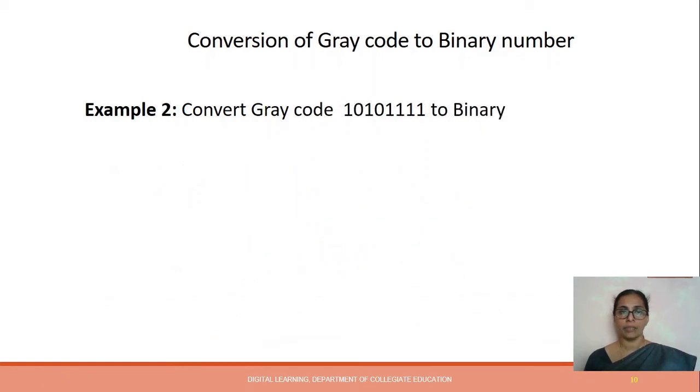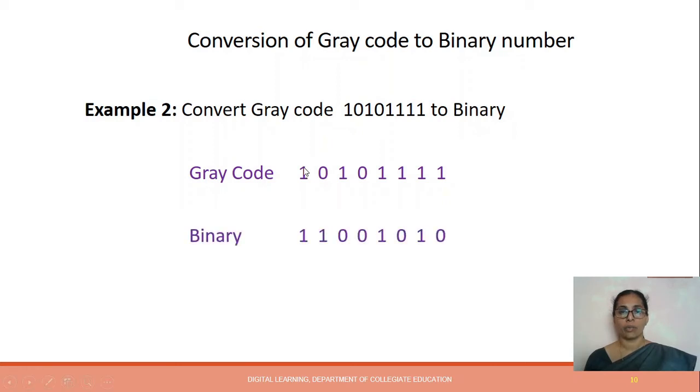Another example, convert the given gray code 10101111 to binary. The given code is this one, and the binary equivalent is, here 1 will remain the same. The next is adding this 1 plus this 0, 1.